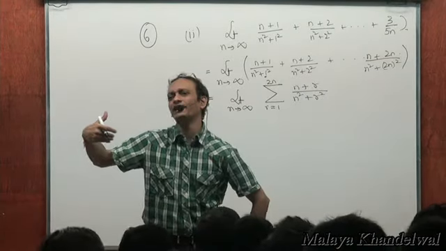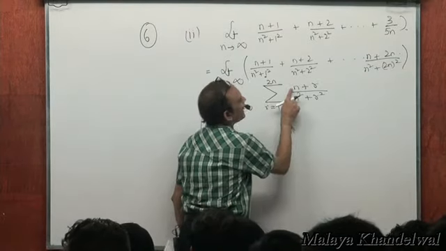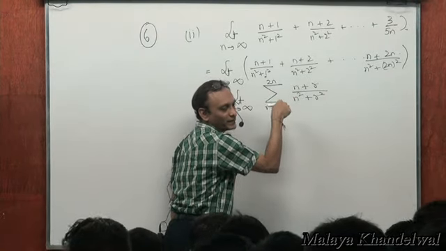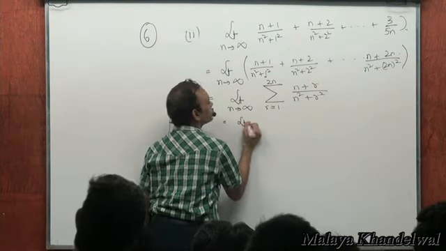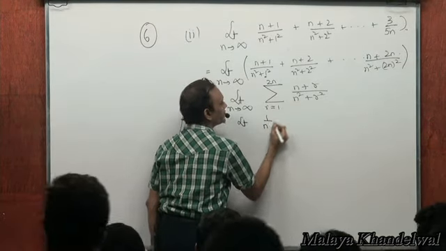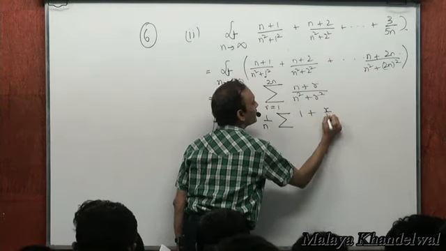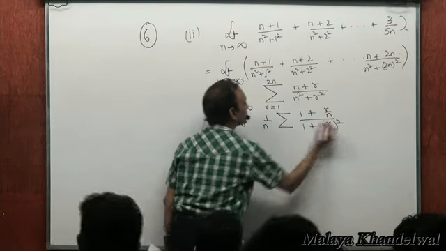I have to take a 1 by n common from the summation sign first. I take n common from the numerator and n squared common from the denominator, then I'll have a 1 by n outside, and inside 1 plus r by n, over 1 plus r by n whole squared.